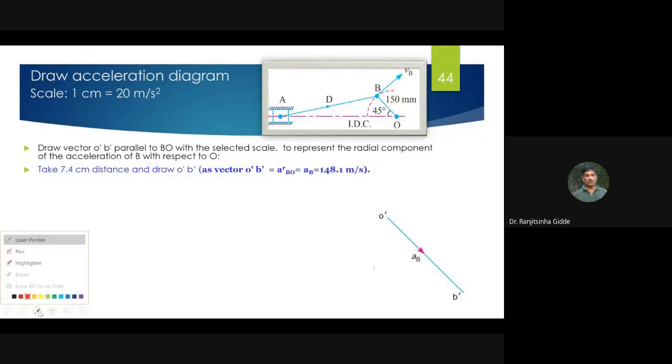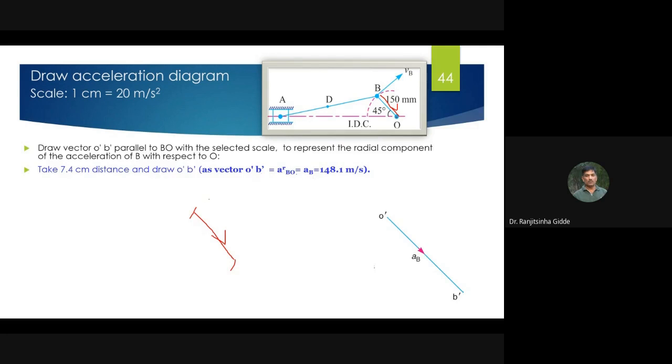So based on that, we are going to draw a radial component in the direction of this O point. And its magnitude will be.